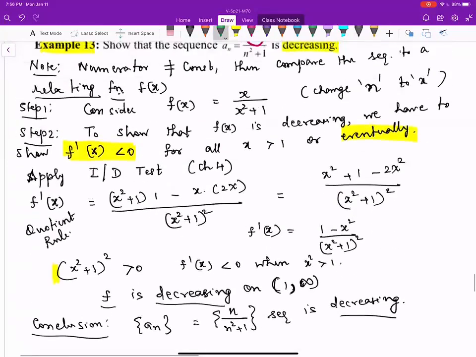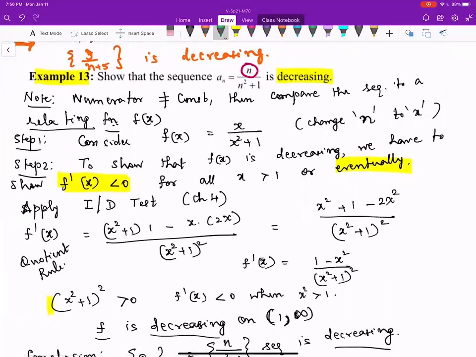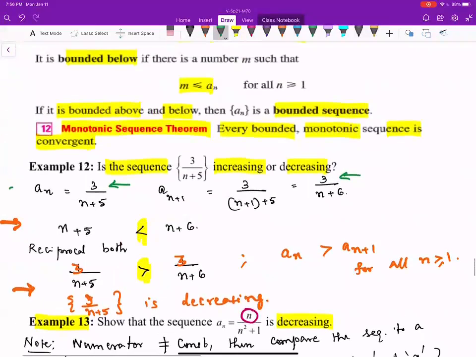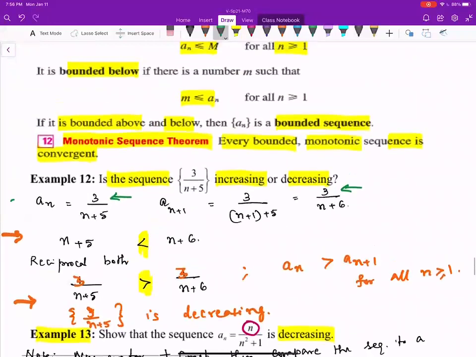So I did many examples in this section. The reason being, some of these examples will be handy to do testing of the series later on in this chapter. Some of the techniques, especially the one that we proved here, showing that a sequence is decreasing, this idea will be used quite often.